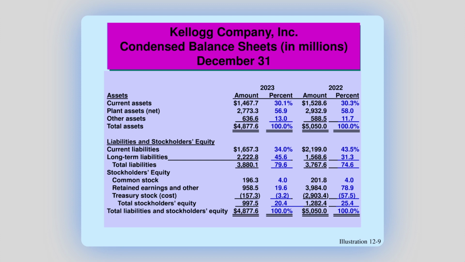Also out of 100%, 56.9% is your plant assets. So, ganun lang class. Alright, yung ating interpretations. So, ibig sabihin, majority of your assets is your plant assets with 56.9%.